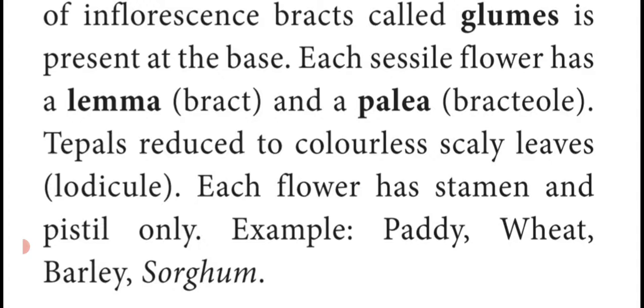Dear students, in this spikelet inflorescence, the flowers are not differentiated into calyx and corolla. Calyx and corolla are absent, or these two whorls are modified into another form known as perianth.